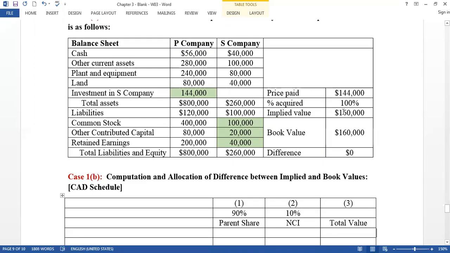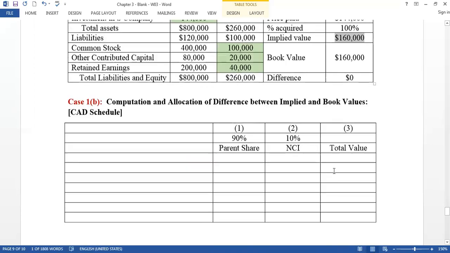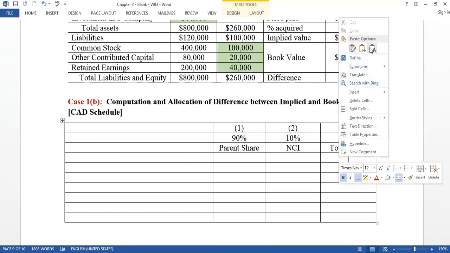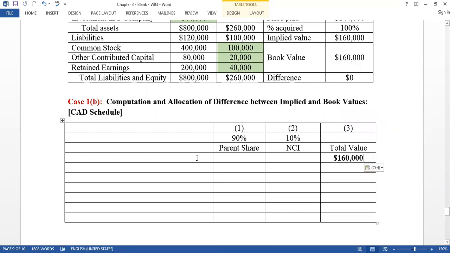Then you know that this is the total value of the company, the implied value. So we are going to compare. We know these two pieces of information.